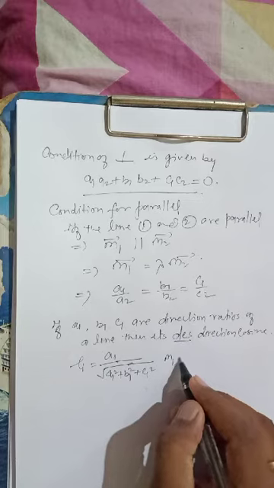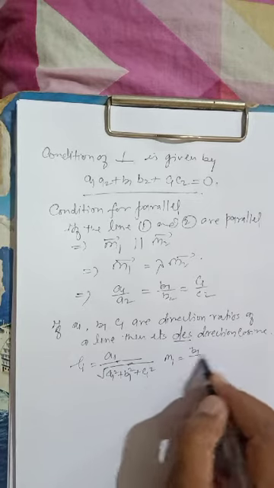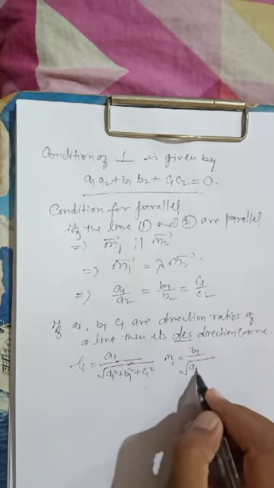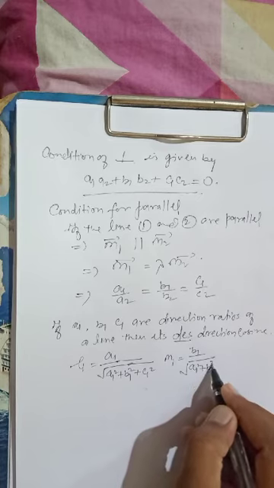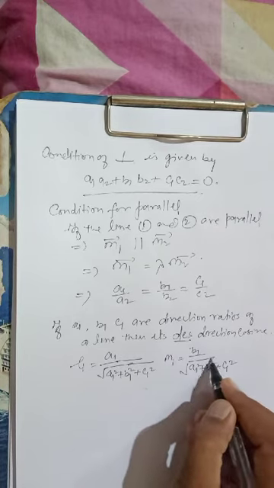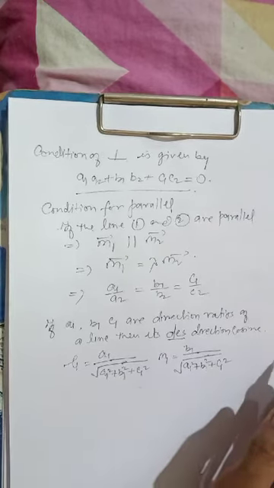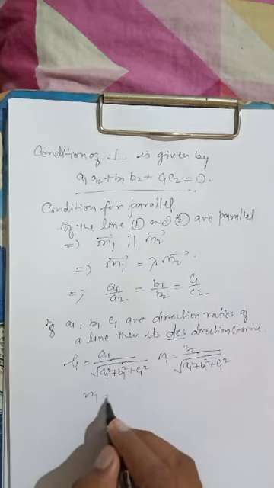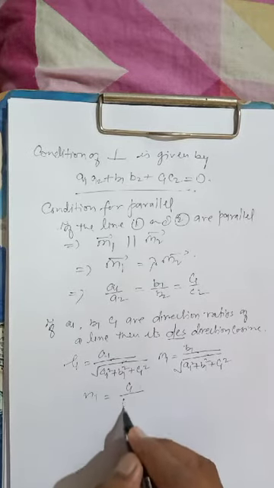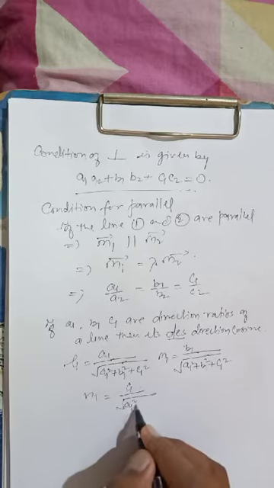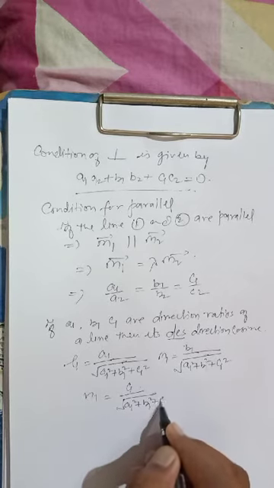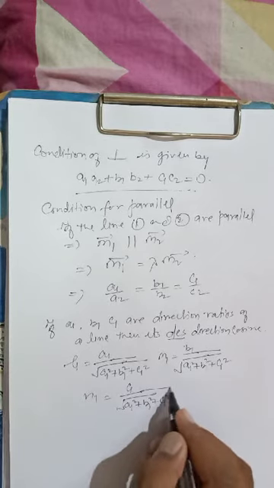Similarly, m1 is equal to b1 upon under root a1 square plus b1 square plus c1 square, and n1 is equal to c1 upon under root a1 square plus b1 square plus c1 square.